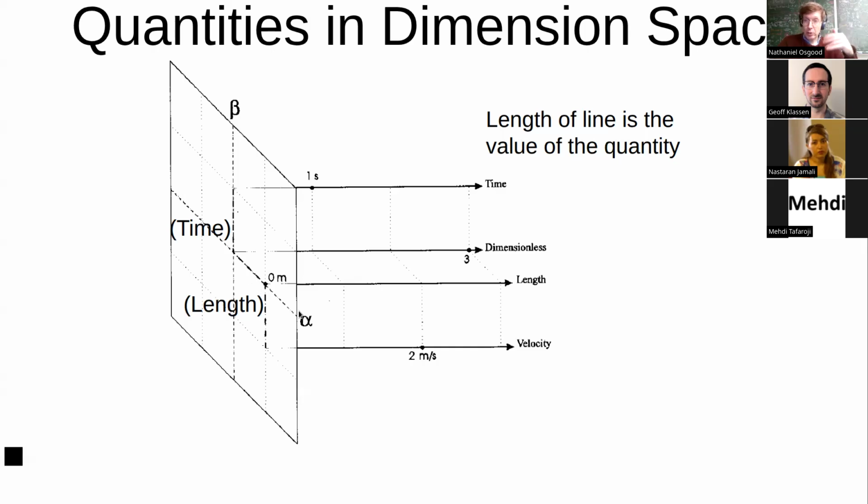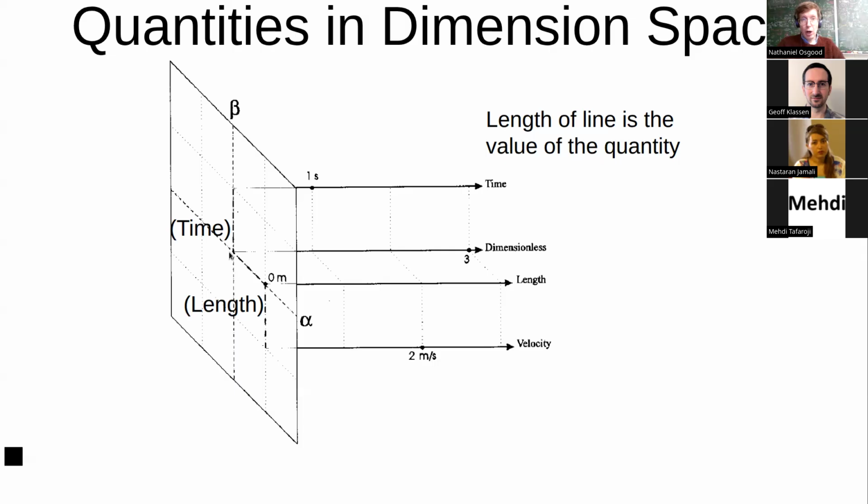A length would be like squared. The L will be to the 2 power. Time would be to the 0 power. By contrast, if I had the amount of time I slept last night, it would be time to the 1 power, length to the 0 power.